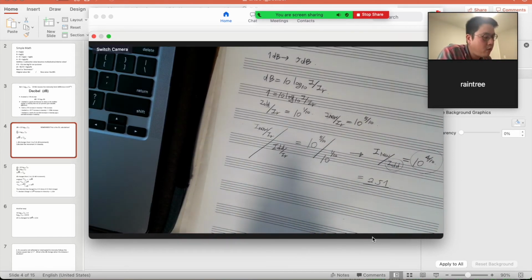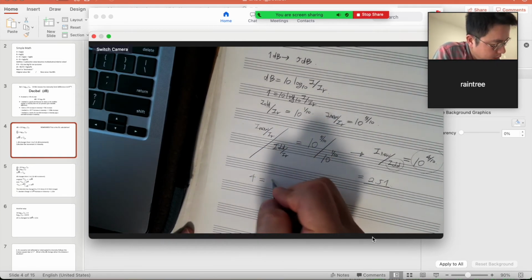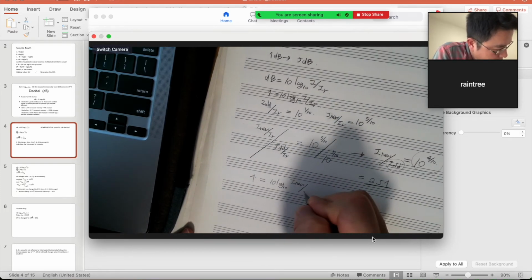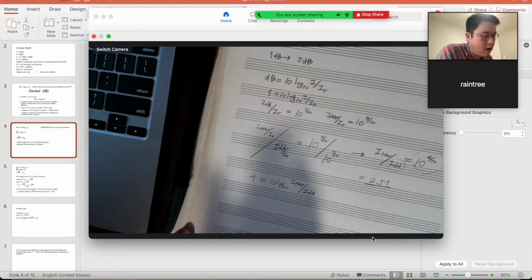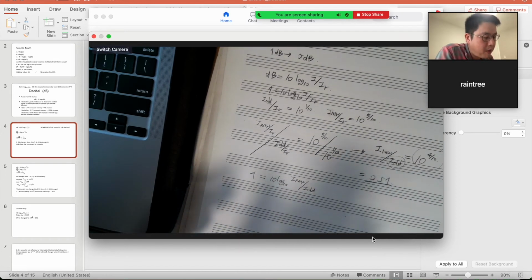So this is one way to calculate the actual sound intensity level change by using the decibel. And another way is we know that our decibel difference is 4. 4 is 10 log of I new over I old. So this is another way, because we know that the definition of a decibel is a comparison between two different sound intensity levels.